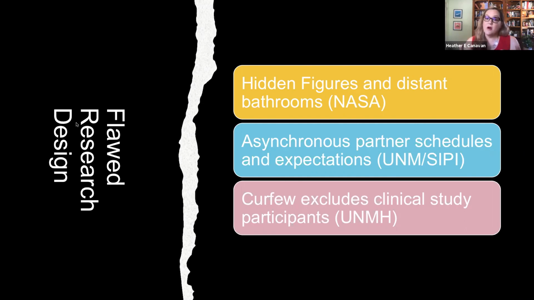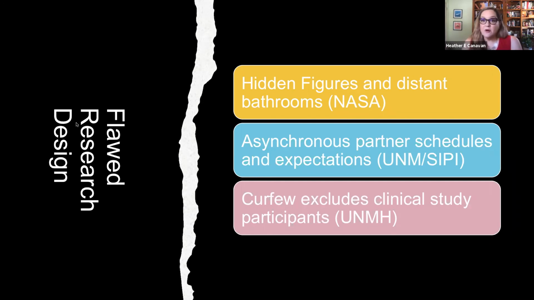And that was a big part of this proposal, was people who are studying at SIPI are going to come to UNM and work in our labs. We're going to train them how to do various things with material processing and whatnot. But a lot of them don't have cars. If they do have cars, they can't get gas. If they do have gas, they can't get parking at UNM, just like every other person on campus. That was a huge problem.